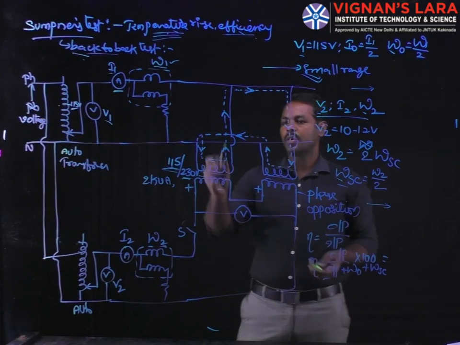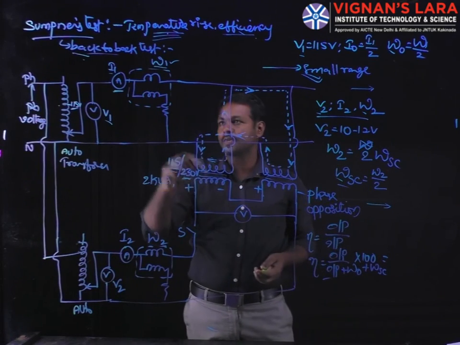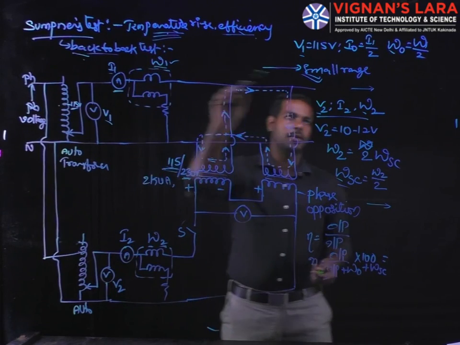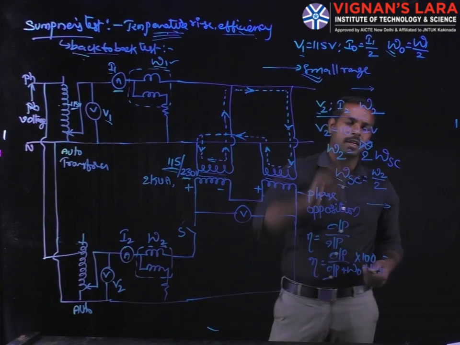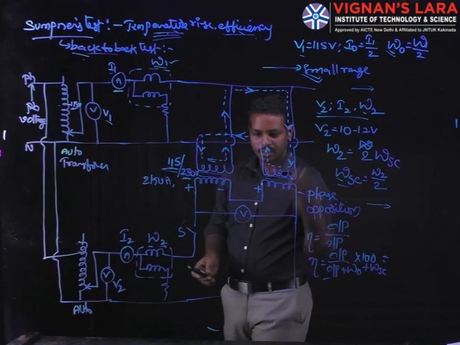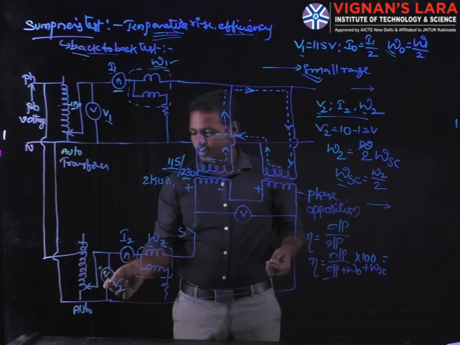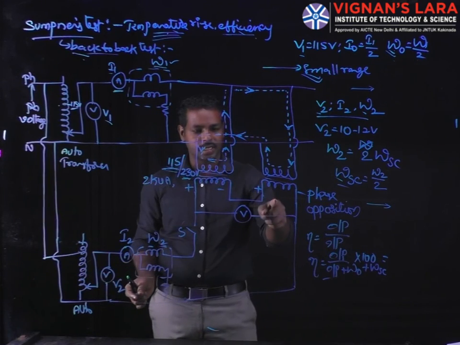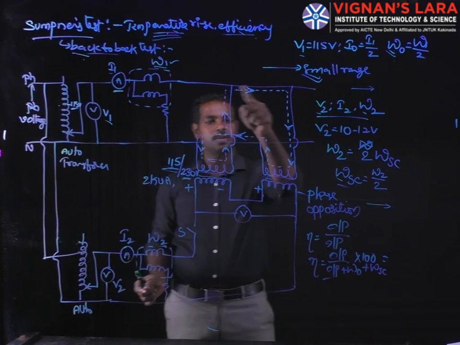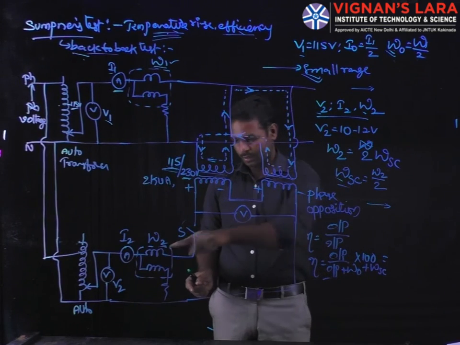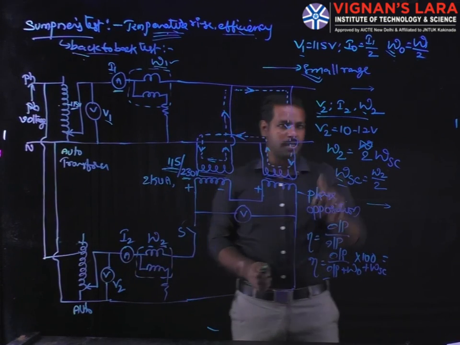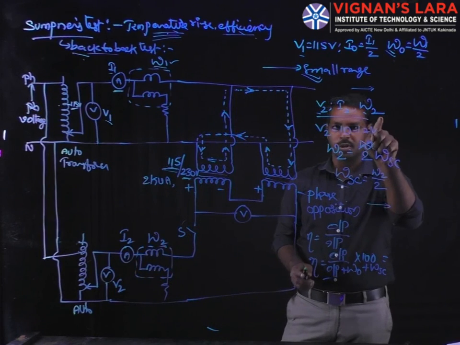Whatever losses exist in the transformer are measured by W1, so W0 is equal to W1 by 2. These are the iron losses of each transformer. Second, when we apply a small amount of voltage across the secondary side, full load current flows through the LV side. Then we get three parameters, V2, I2 and W2.